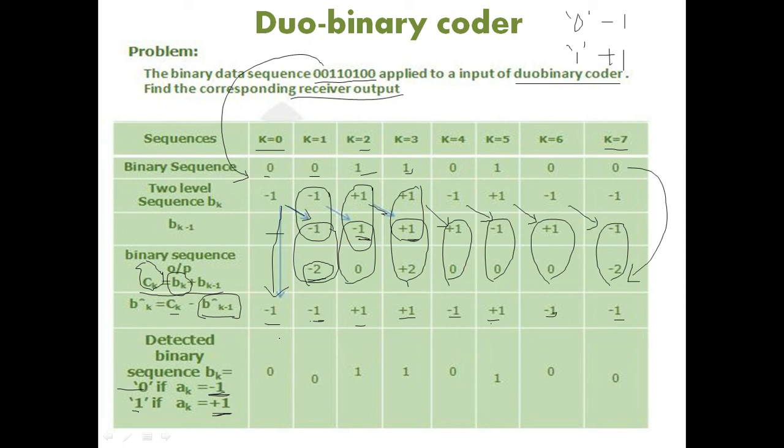So for the negative values I have taken 0, and for the positive values I have taken 1. Check the top row and the bottom row to see whether the transmitted sequence matches the received sequence. The input is double zero, double one, zero, 1, double zero, and the output is double zero, 1, 1, 0, 1, double zero. So the transmitted sequence has been received.